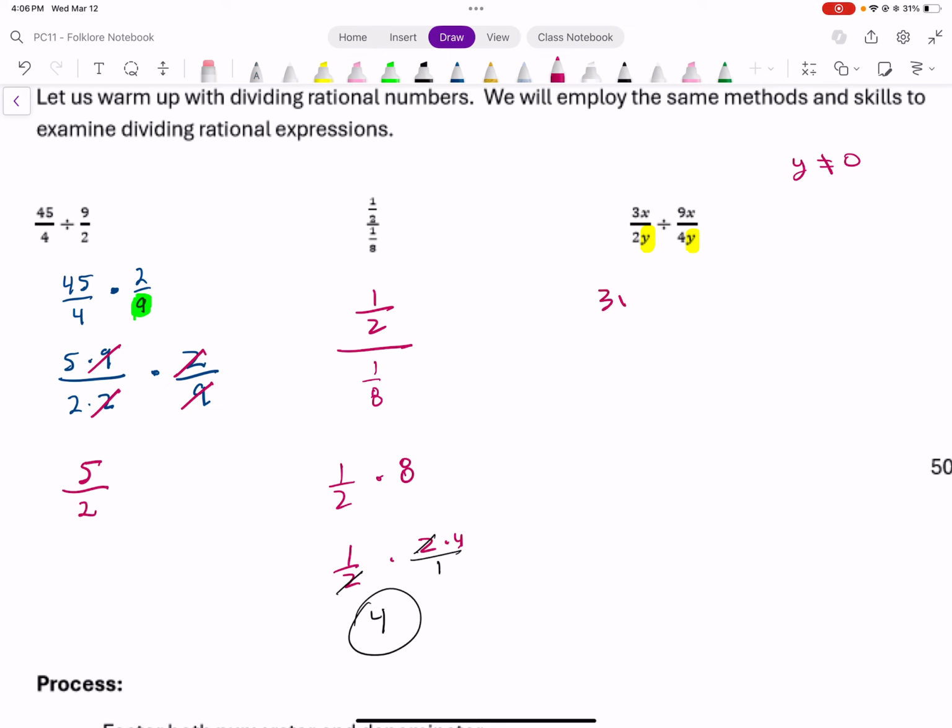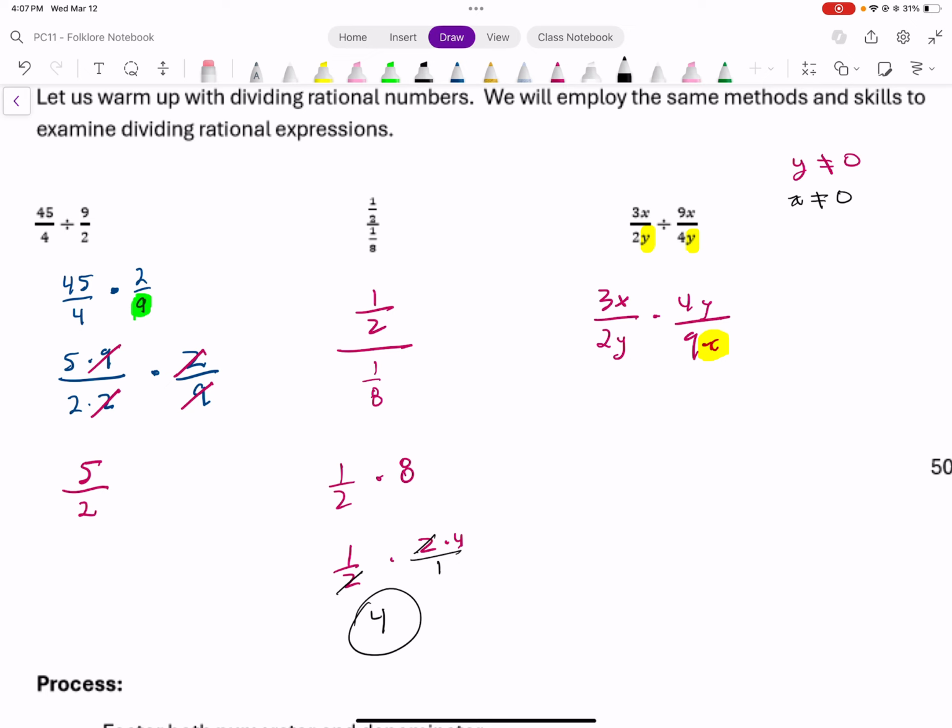And when I change this into a multiplication by multiplying by the reciprocal, I have to be careful, because all of a sudden I have the variable x as a denominator when I multiply by the reciprocal. So I also have to say x cannot be equal to 0. So really, y can't be equal to 0, x can't be equal to 0.